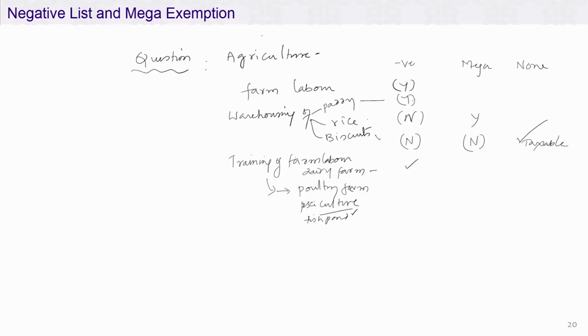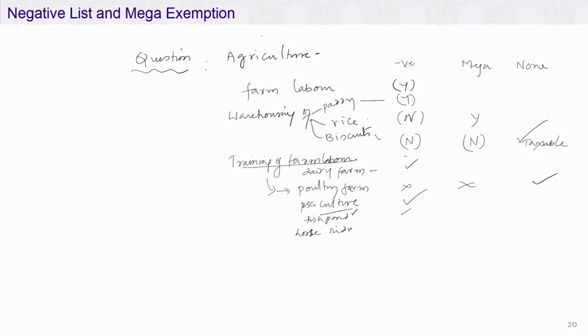So dairy farm, yes. Poultry farm, no. Taxable, because I don't interpret that poultry farm will be falling under agriculture. So pisciculture, yes, it is in the negative list. Fish pond, etc. So when you give training to farm labor, it is covered provided that it is not relating to poultry farm.